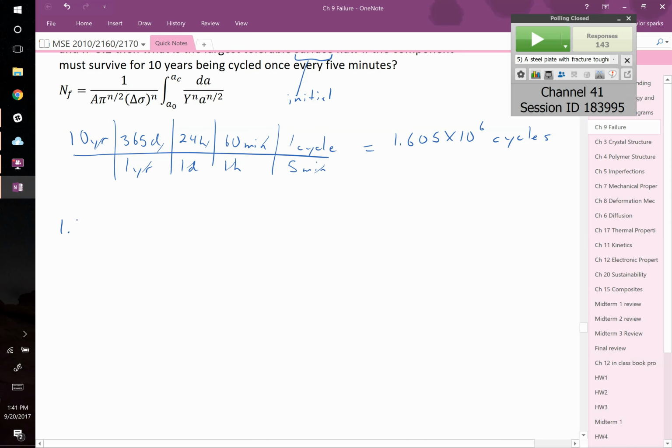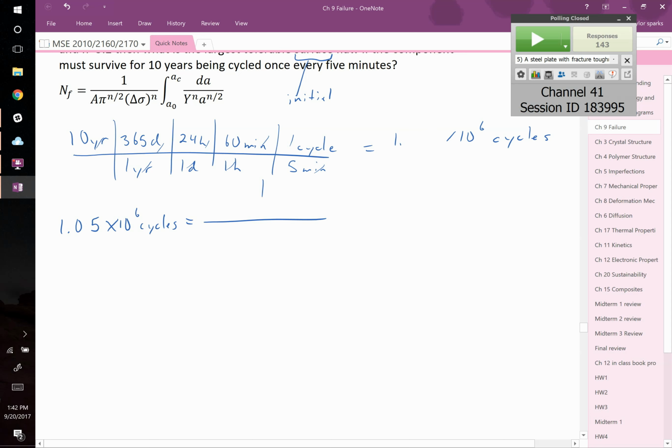NF is 1.065 times 10 to the 6th cycles. That's going to be equal to 1 over A. I don't remember. Let me pull it up. I did this before class. Oh, sorry, it's 1.05. It is to the positive 6th power, though.